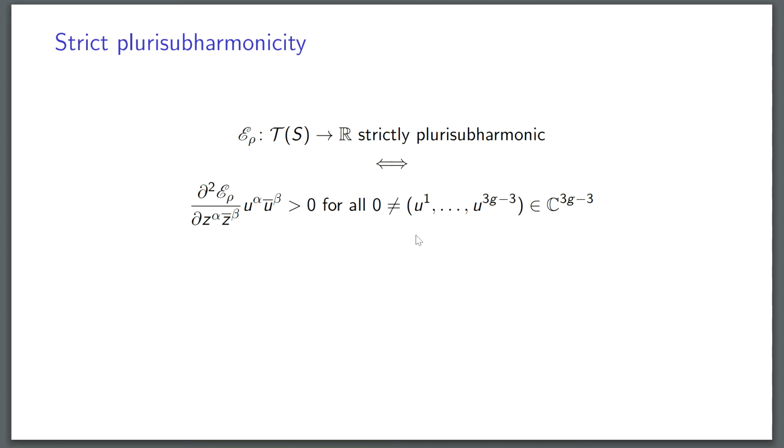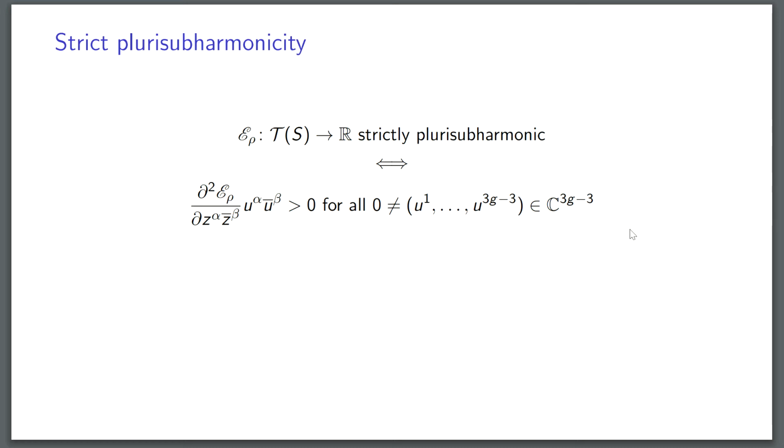So we choose coordinates of Teichmüller space, and if you remember, Teichmüller space has real dimension 6g minus 6, so it has complex dimension 3g minus 3, and we denote these coordinates by z, and then the Hessian can be written like this, and we ask for this to be a positive definite sesquilinear form.